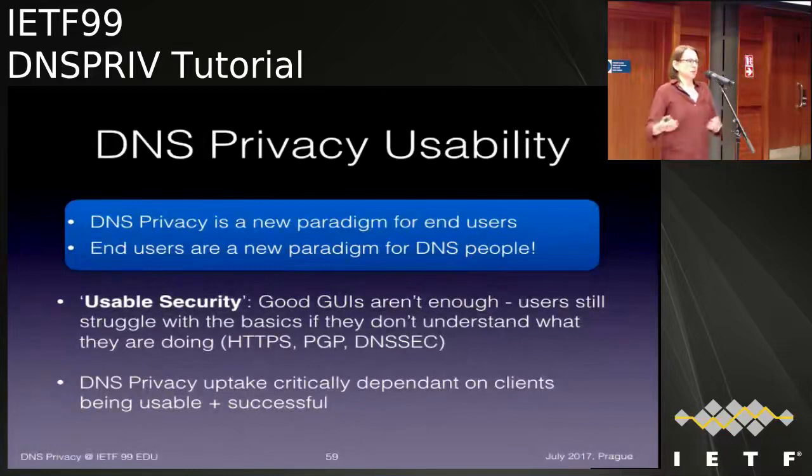And even if they do know what they're doing, they can still make mistakes. So you have to basically do everything you can to protect users from themselves and enable them to get the privacy they want. So this is a non-trivial problem that, again, is probably not for the protocol folks, but has to be solved if this is going to become realistically rolled out.